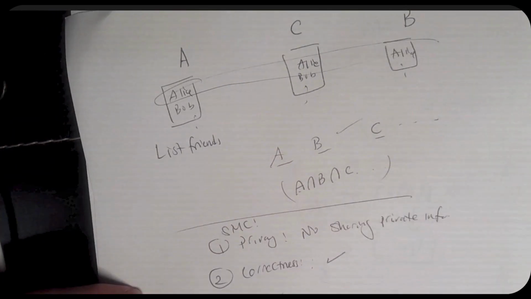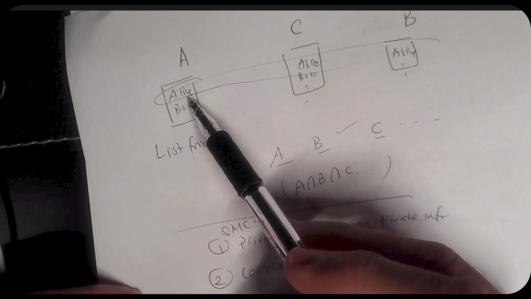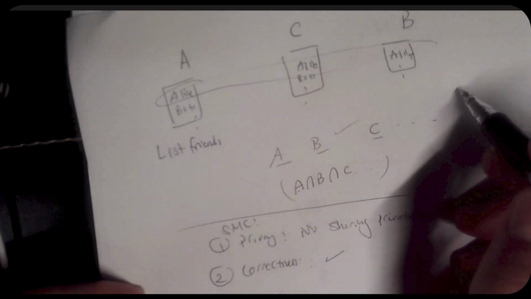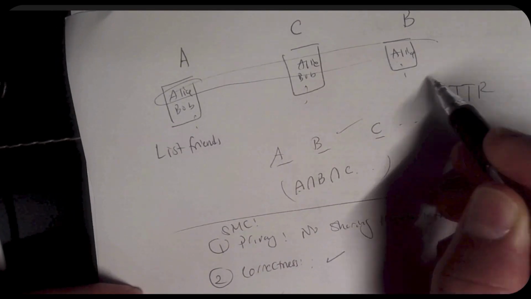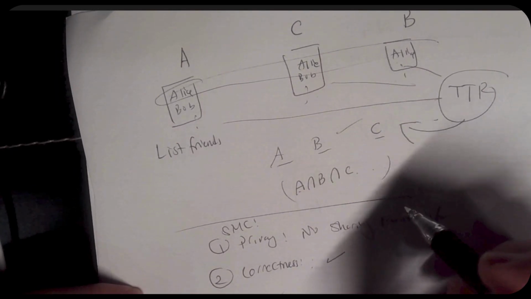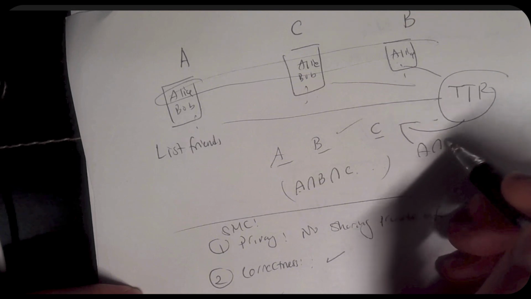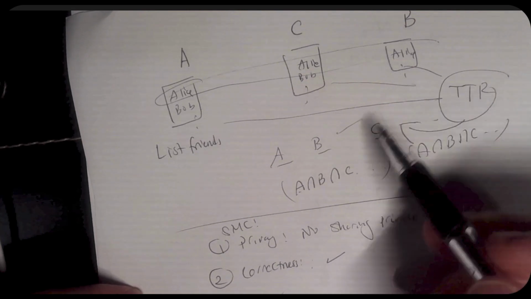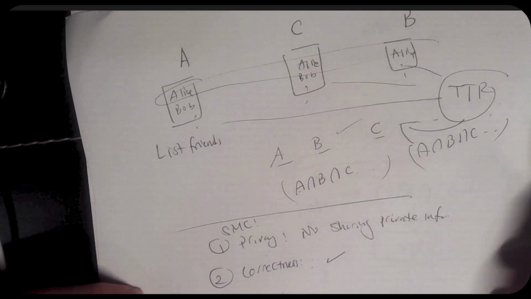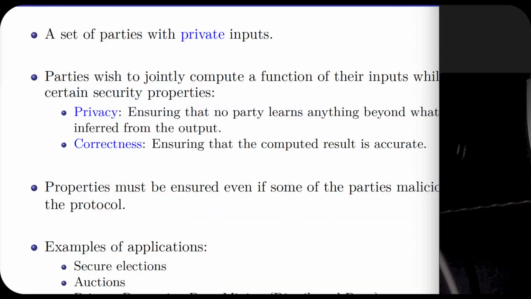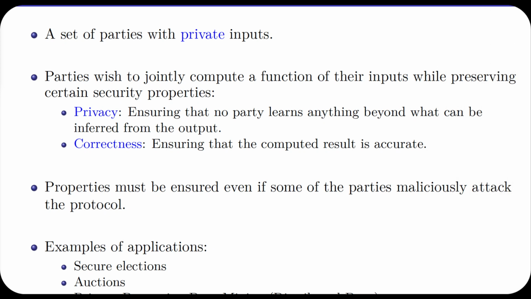Assume a situation where they have a trusted third party, for example. They send their information there, and the trusted third party returns the list of the intersection between every single entity. So the result should be 100% accurate. The functions here might be anything.